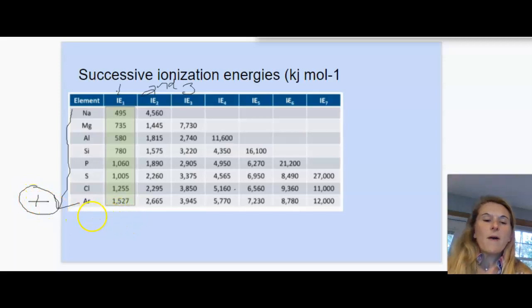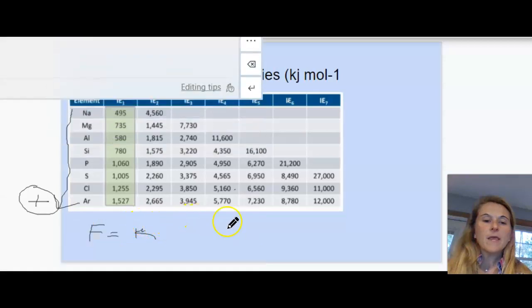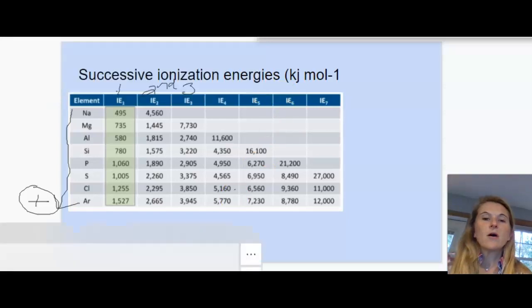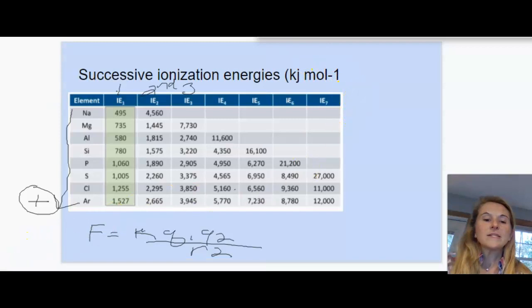So if we were to go back to Coulomb's law and think about this, F equals K times Q1, Q2 over R squared. In this situation, we are increasing a top number.